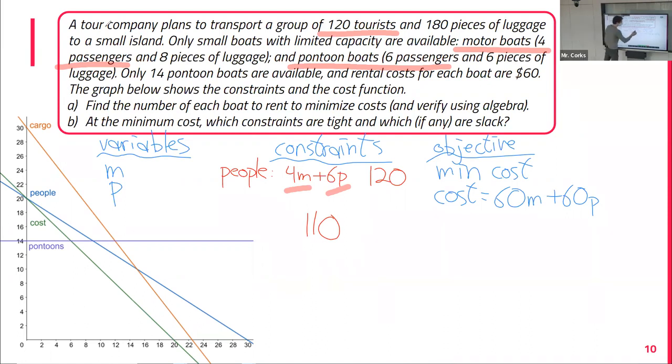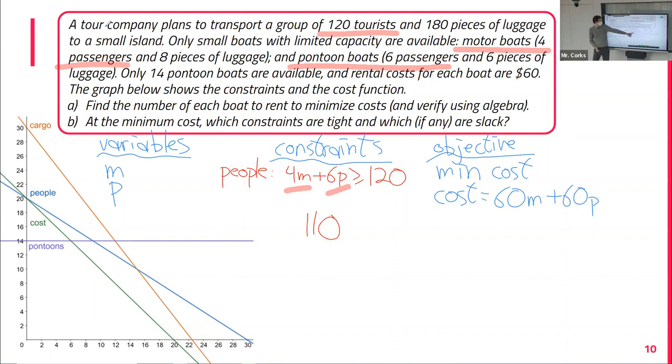So this is a minimum. We need to have capacity for at least 120 people. If it's more, then we have to spend a bit extra money, but that's okay. But we have to transport all the people. So that is a minimum. If 120 is a minimum, this is a minimum cost problem.